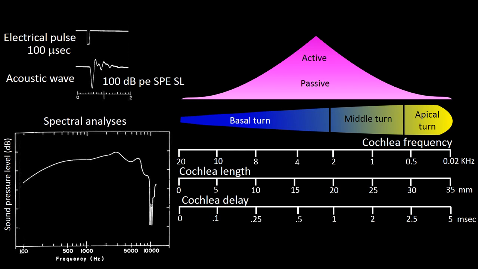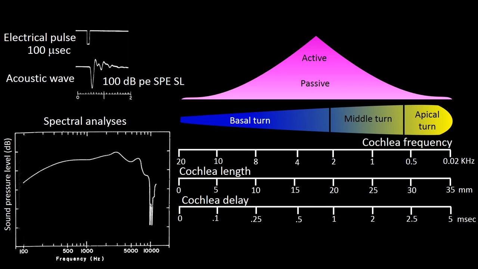Now I am adding a cartoonish representation of a click with maximal energy at 3 kilohertz. Notice that the click has two words represented, passive and active. This is to convey the idea that at the time of maximal energy, hair cells become active.